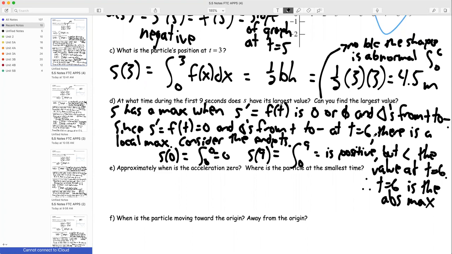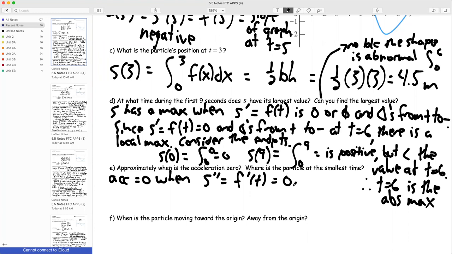We're almost done. Hang on. So here we go. Approximately when is the acceleration 0? Okay, so the acceleration equals 0 when S double prime, which is equal to F prime of t, equals 0.